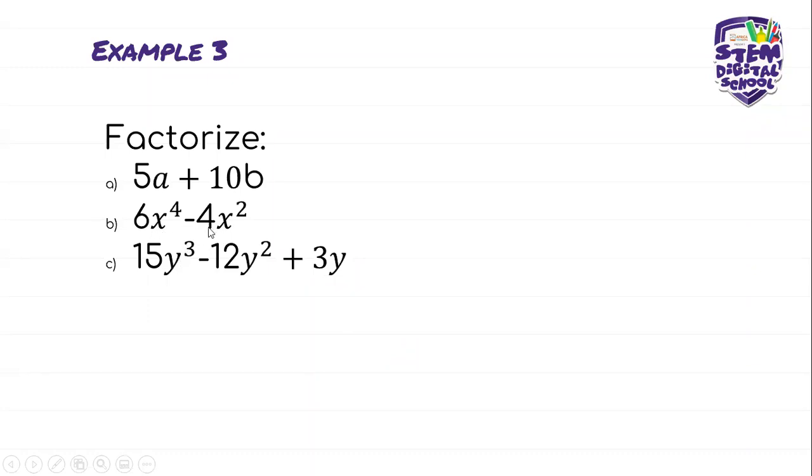When you factorize binomials of this nature, you must focus on both the numbers as well as the variables. You can see that in the first term, the coefficient is 6. And in the second instance, the coefficient is 4. So it is clear that there is a common factor there, and the common factor is 2.